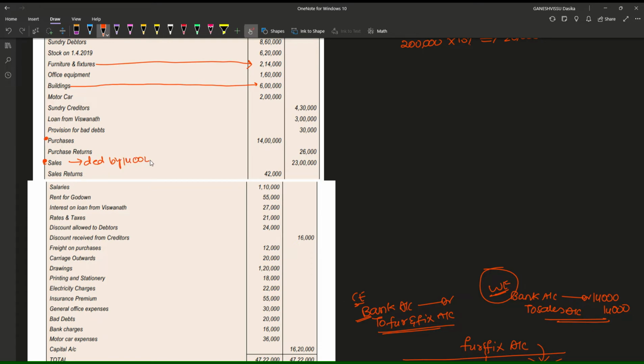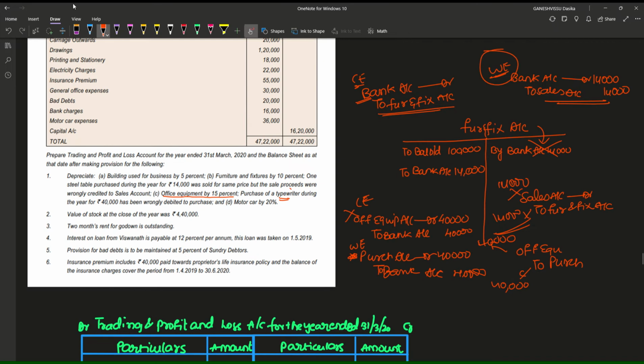Let us write it here, and sorry, purchases is also to be deducted, right? 40,000 rupees we need to deduct, and you know the reason why we need to deduct. So let us erase this one also.